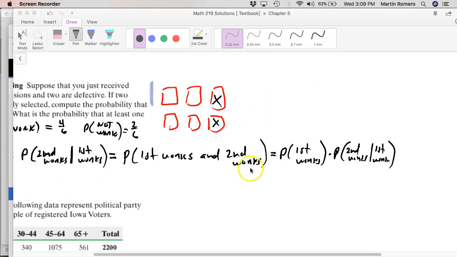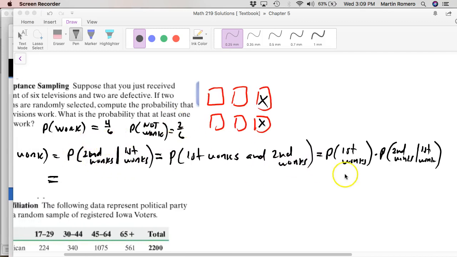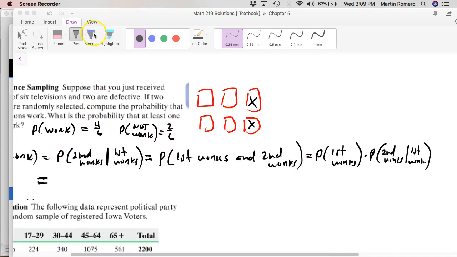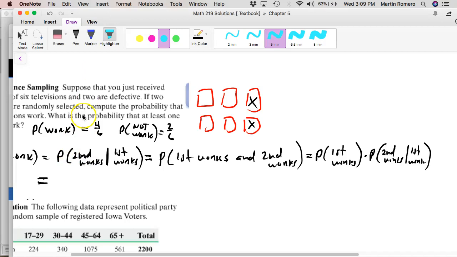This one gets a little more complicated to explain in this way, so for now, let me re-explain this here.